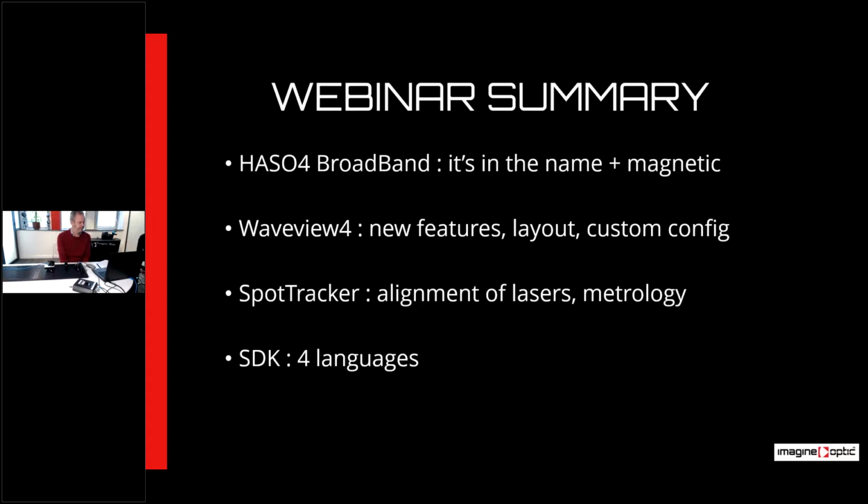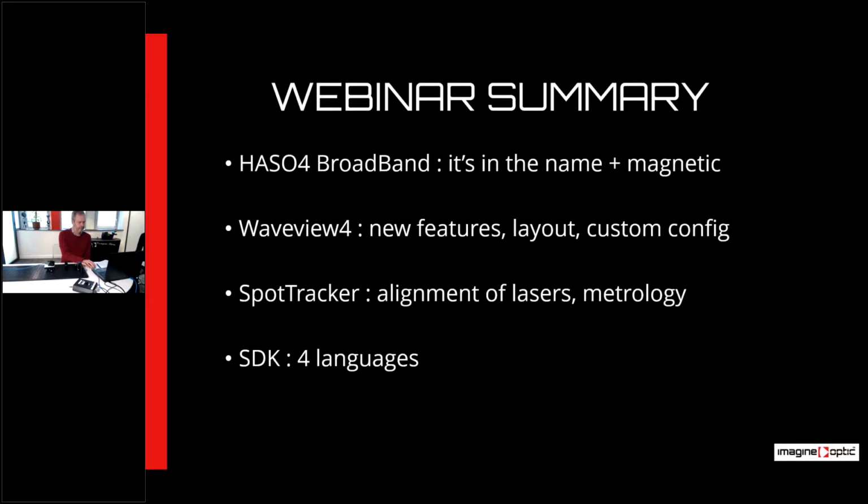Yeah, we'll be releasing information about which sensor is compatible with Waveview4, as you mentioned. Waveview4 is now part of our newly released Wavefront sensor, starting with the HASO4 BroadBand. And you will find a complete spec sheet of the HASO4 BroadBand in the handouts of this webinar. So it's using the same little panel that I mentioned before.